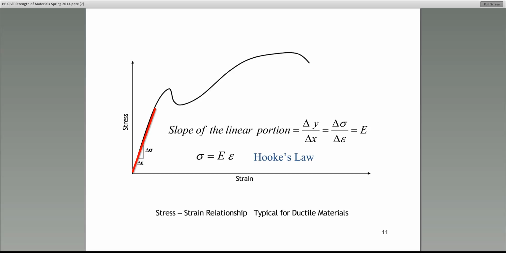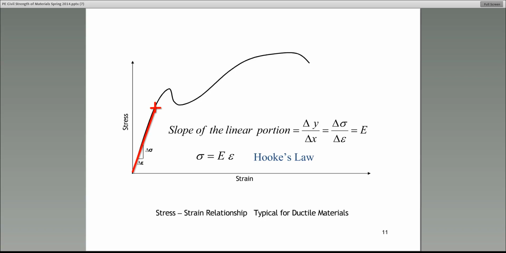Yeah, he's right. And Matthew also. So up to the proportional limit, stress and strain are proportional. Okay, so it's linear. Now, pay attention. If it's linear, then that means the slope is constant. So the slope of the stress strain curve is constant up to the proportional limit.